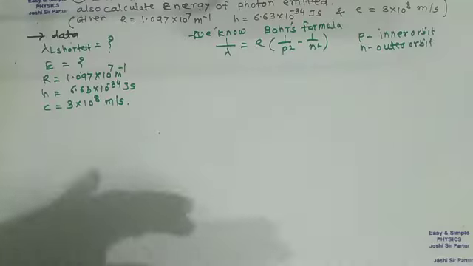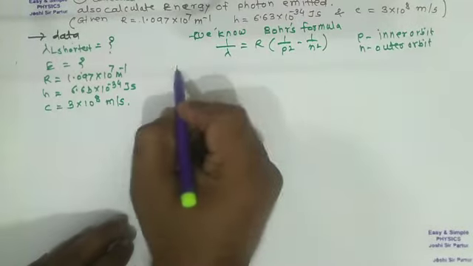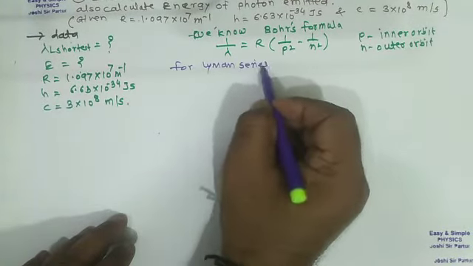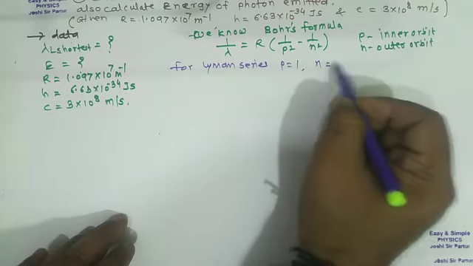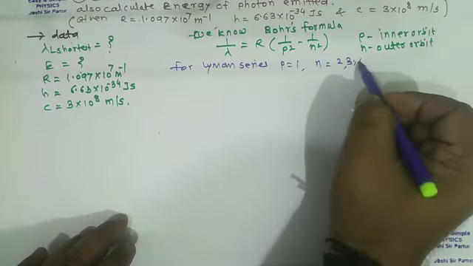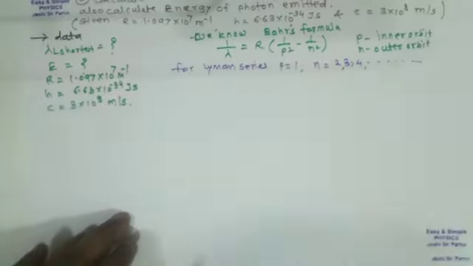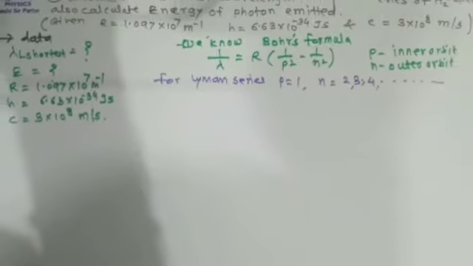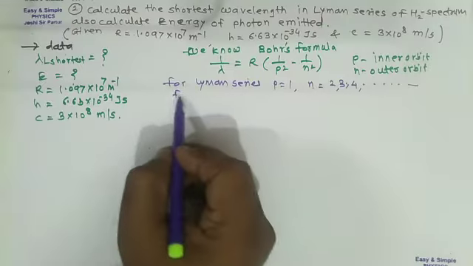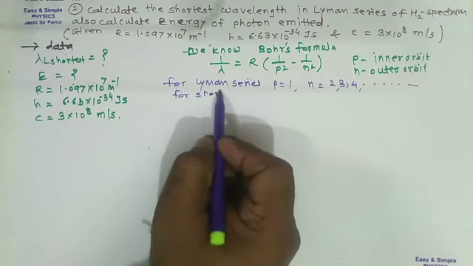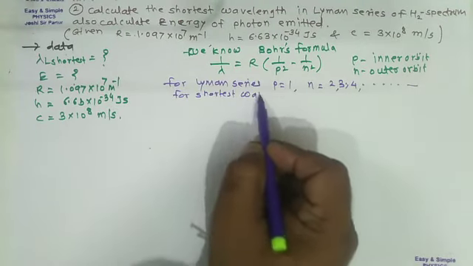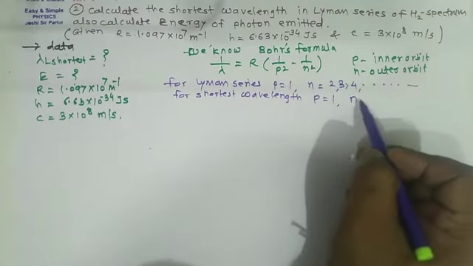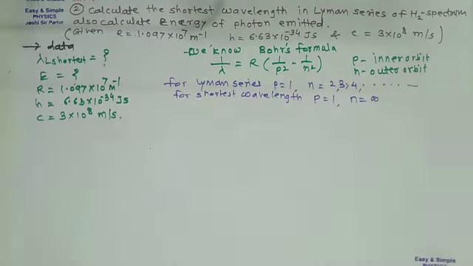So here we can write for Lyman series P equal to 1, N equal to 2, 3, 4, and so on. For shortest wavelength, P equal to 1, N is equal to infinity.